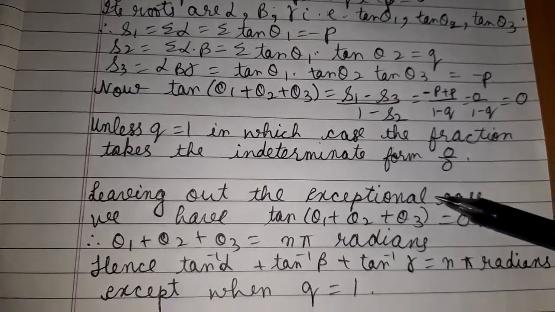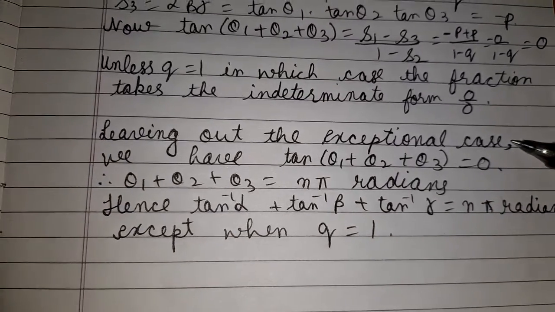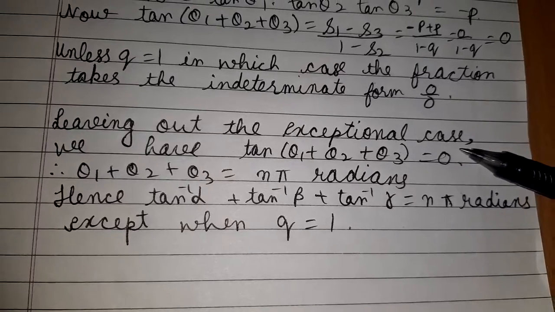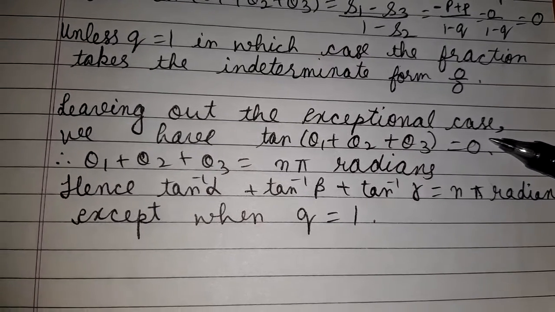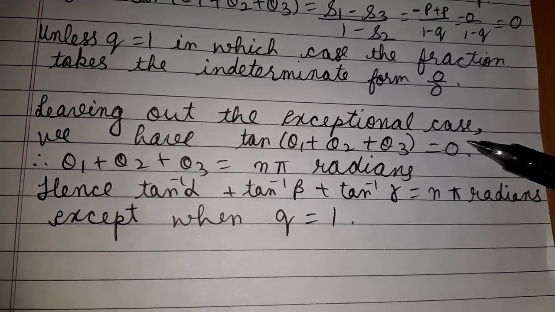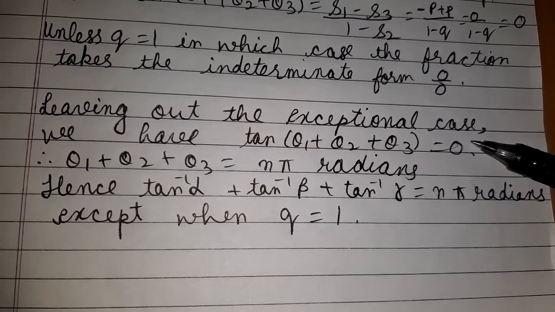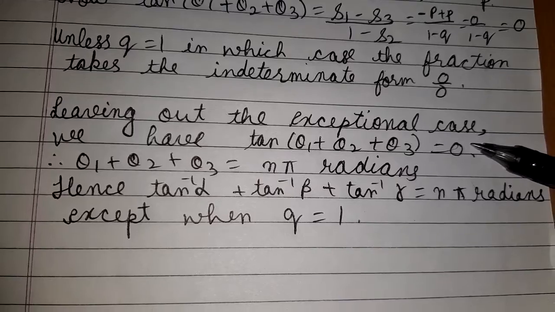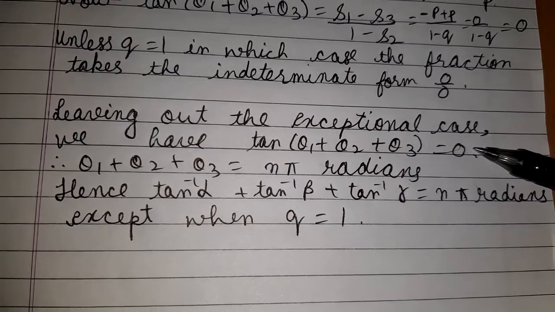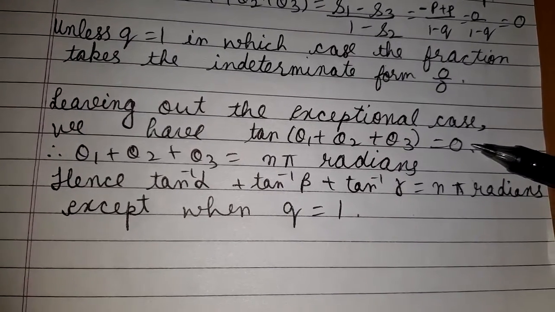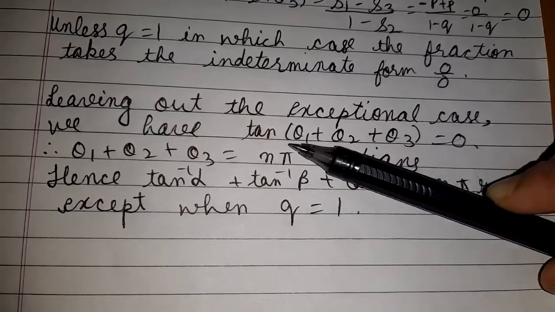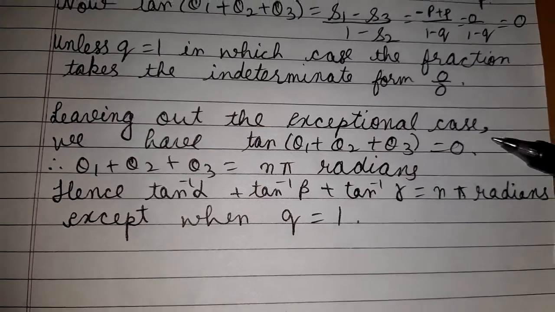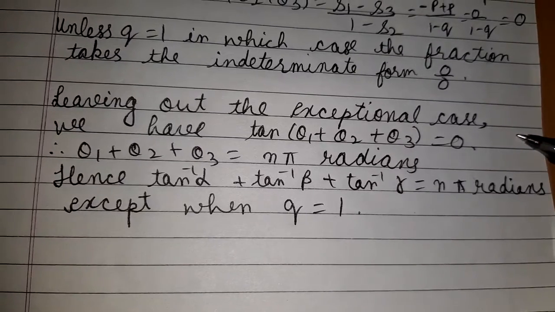Now leaving out the exceptional case, we have tan of theta 1 plus theta 2 plus theta 3 equals 0. Now we want to find its general form in pi radians. This equation will be satisfied when theta 1 plus theta 2 plus theta 3 is n pi radians, as tan of theta 1 plus theta 2 plus theta 3 equals 0 when it is n pi radians.